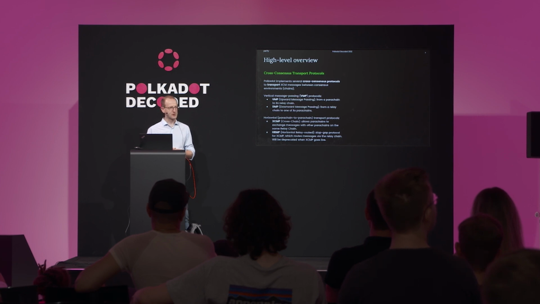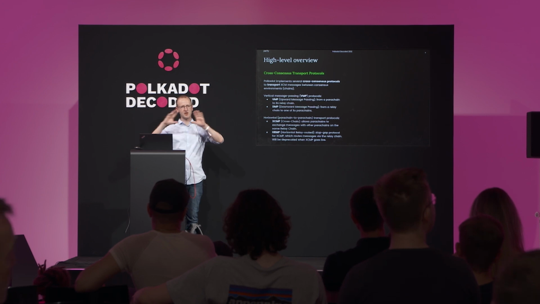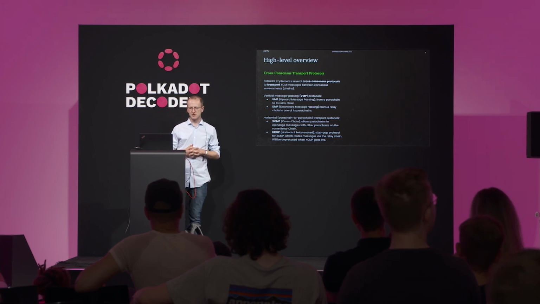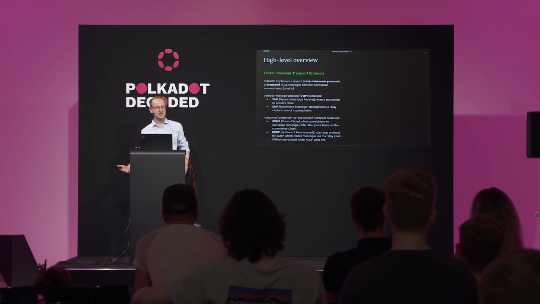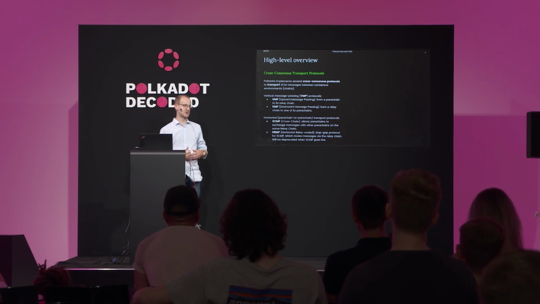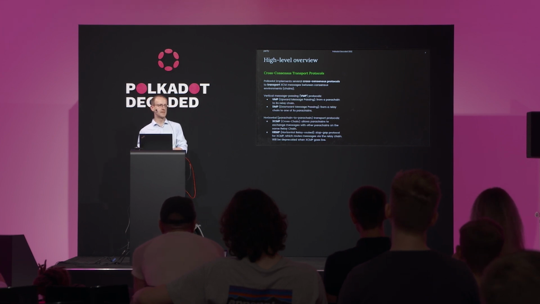We have vertical message passing protocols. So if you think about the relay chain and parachains, and the relay chain is positioned on top, then we have downward message passing. That is when Xcm messages are sent from the relay chain to a parachain. And we have upward message passing when a parachain sends a message to the relay chain. We have another category of transport protocols called horizontal message passing, typically to go from parachain to parachain.